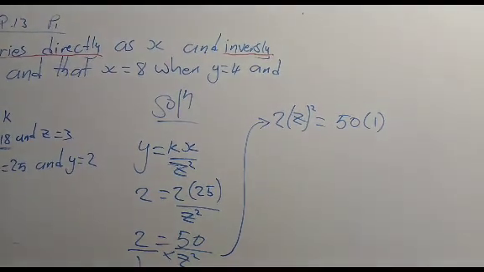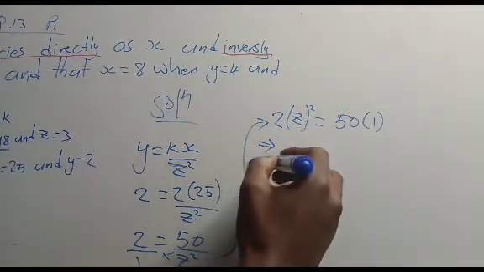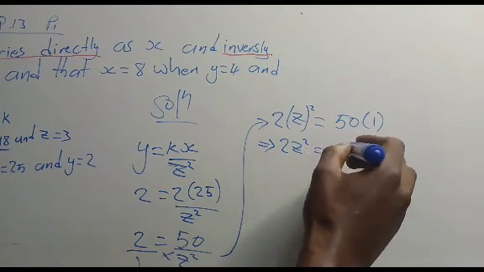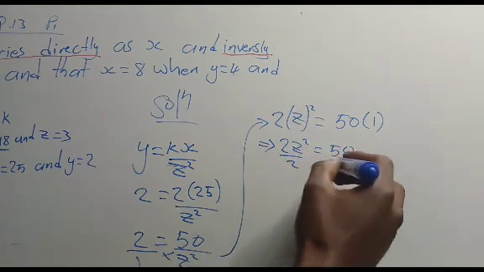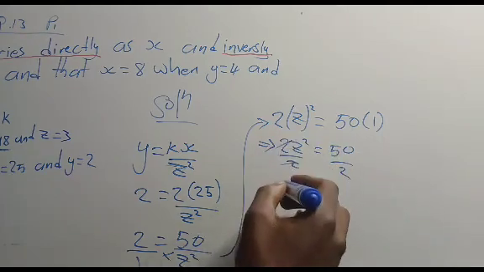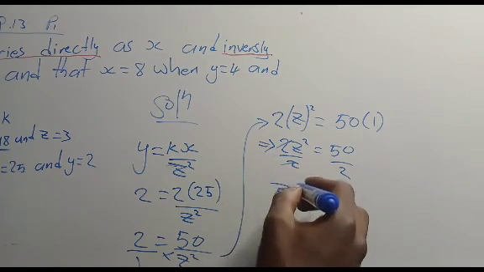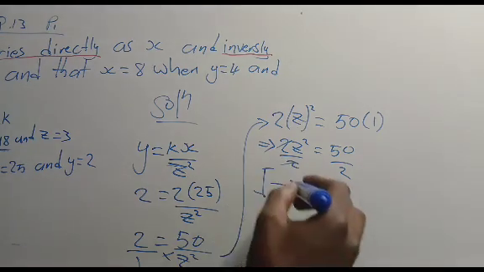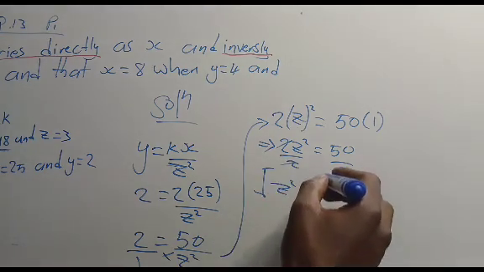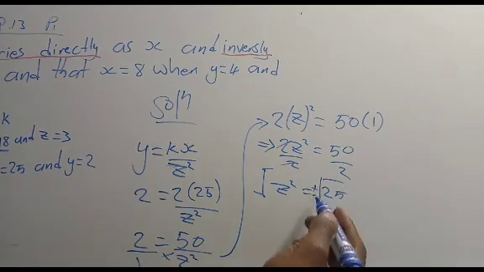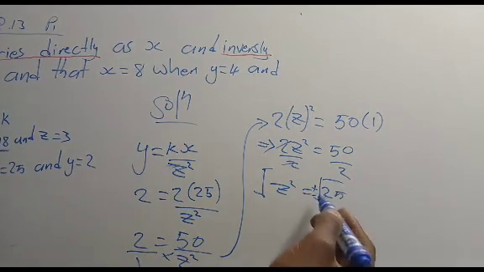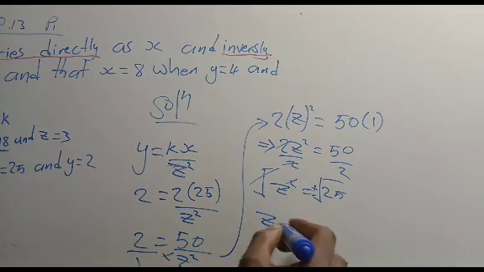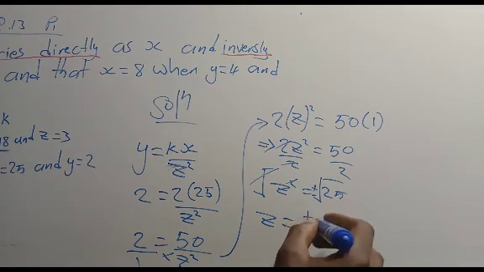Then this implies that we'll have 2z squared is equal to 50, over 2, over 2. The 2 and 2 will go, giving us z squared is equal to 25. So you introduce the root there. Whenever you're introducing a root, you say plus or minus.